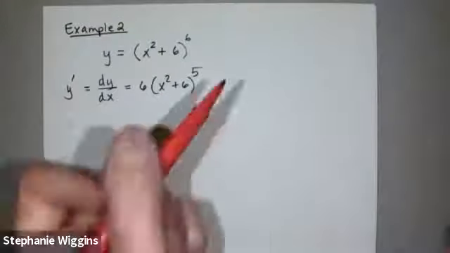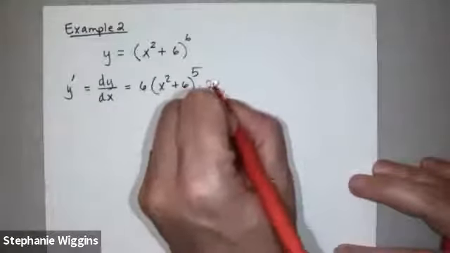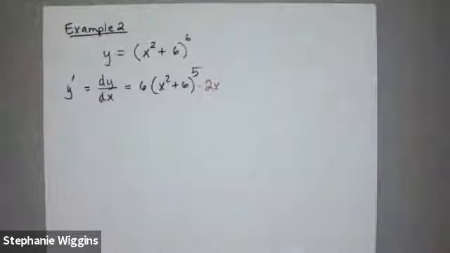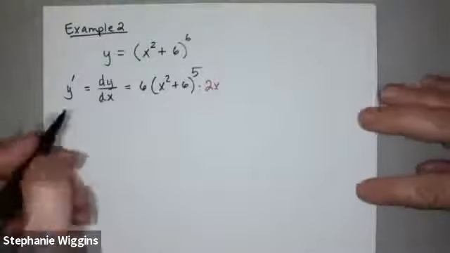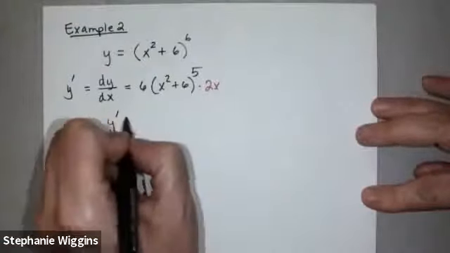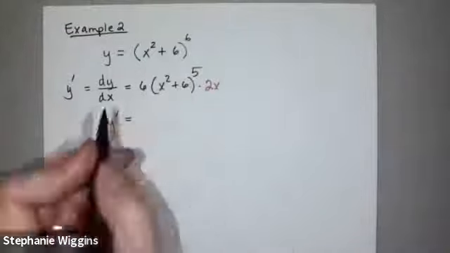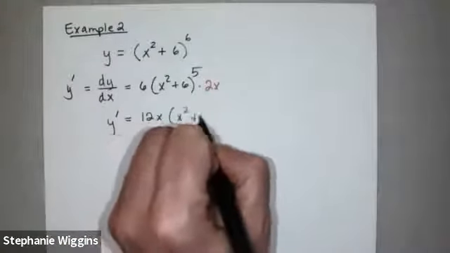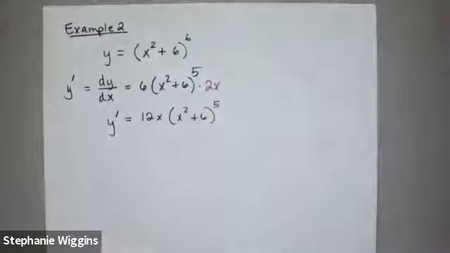So we're going to multiply by 2x, because the derivative of x squared plus 6 is 2x. And so the first derivative is 12x times x squared plus 6 to the 5th power.